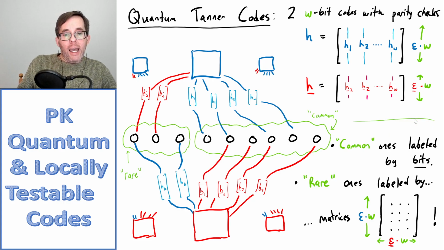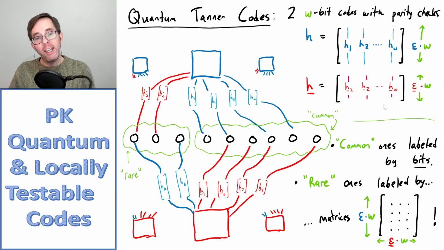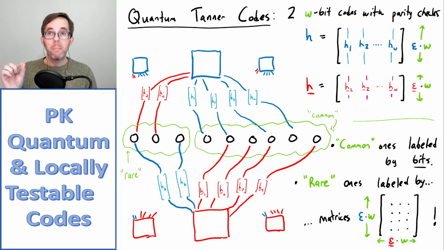Okay. Not only that, I'm sorry to say, it's even more complicated because these so-called common vertices will be labeled by bits, but these so-called rare vertices will actually be labeled by constant size matrices of bits.